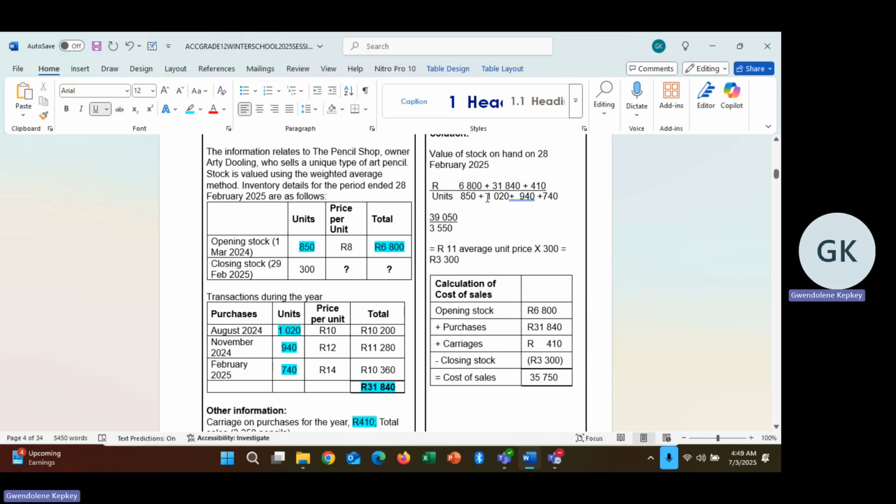So they've given you the total separate. Take time and quickly add the units of 1020, plus you're going to add the 940, plus you're going to add the 740.